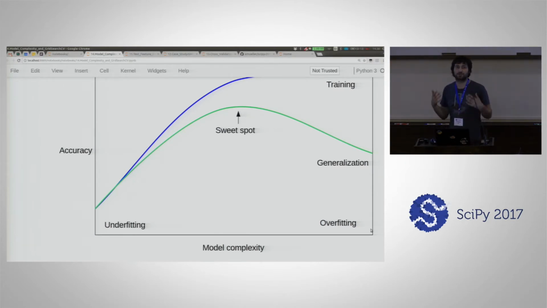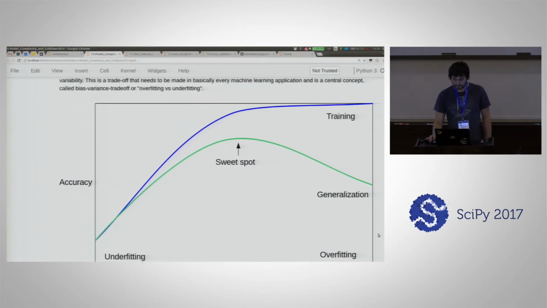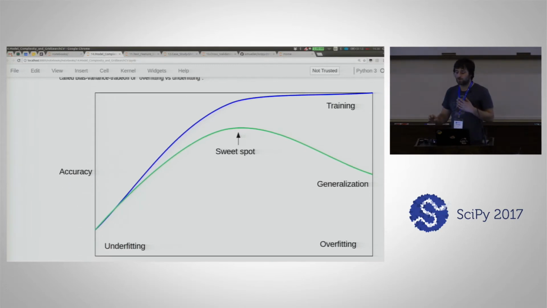You can't capture the variation in the training data set, but you also don't focus too much on it. If you allow your model to be more and more complex, the training accuracy, or whatever your metric is, will go up and up and up. And if you allow the model to basically learn the data set by heart, you're going to get 100% accuracy on the training set.